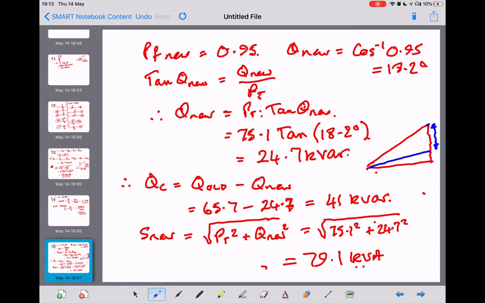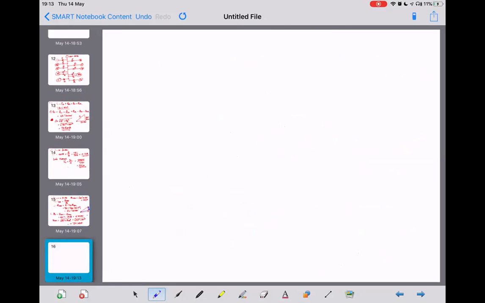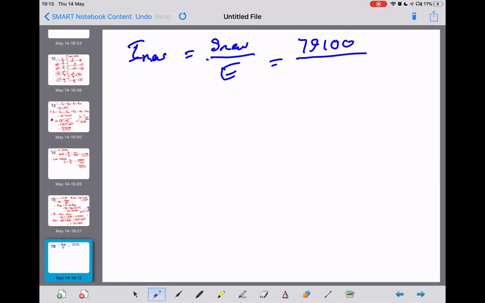So I've done I new, which is equal to S new over E. So that is 79,100 over 450, which gives us 176 amps. Yep.